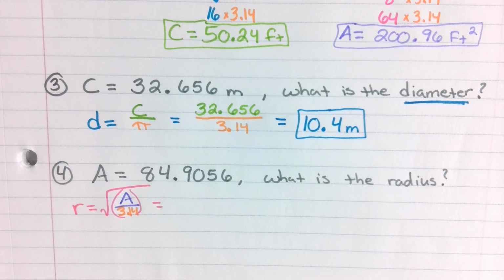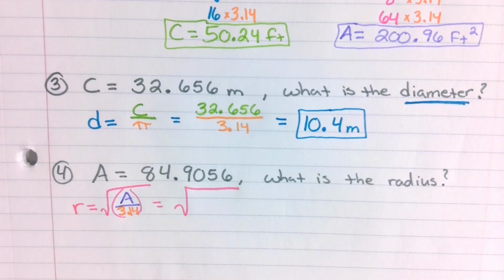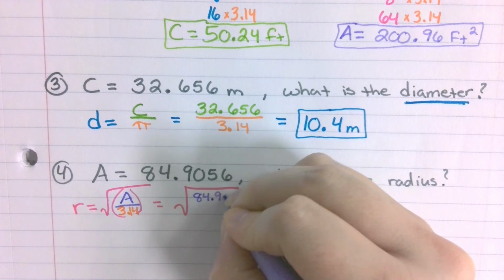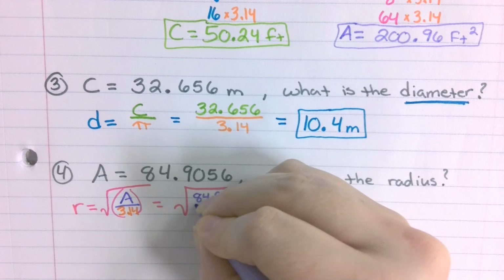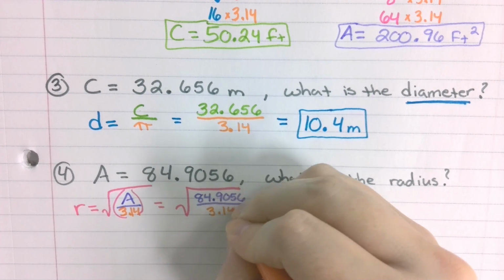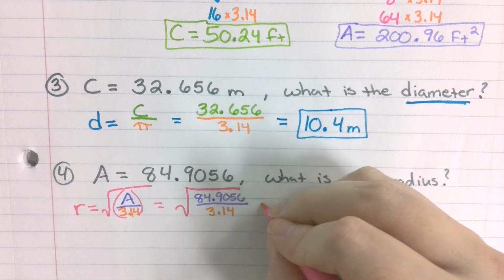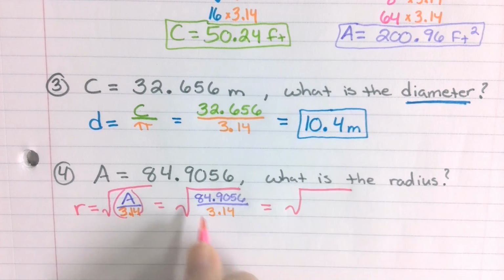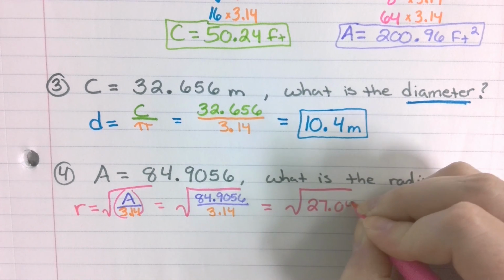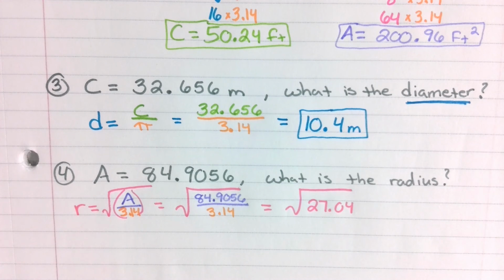So what we're going to do is take 84.9056 and divide it by 3.14. So when we do that, 84.9056 divided by 3.14 comes out to 27.04. Then you have to take the square root.